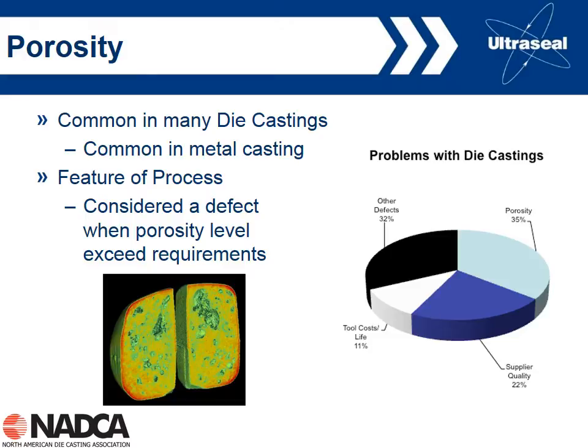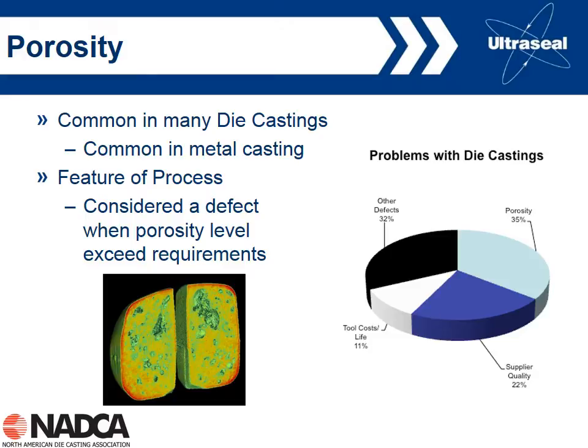Another 32% said that other types of defects are the biggest problem. And many of these other defects originate from the same underlying causes that cause the porosity.